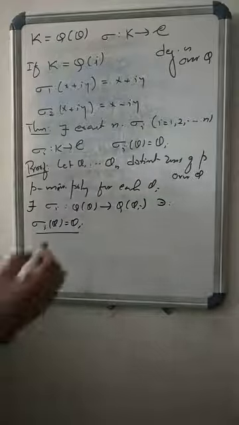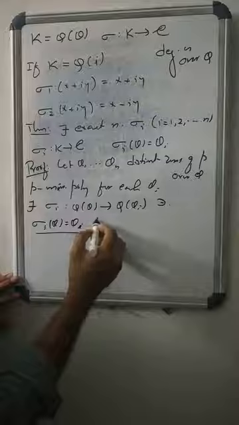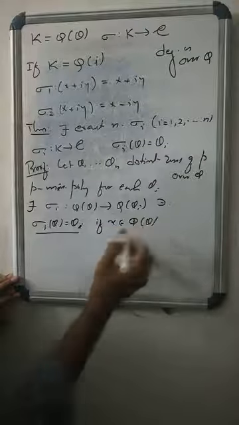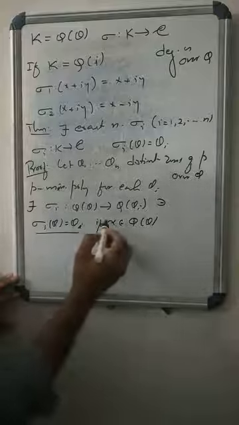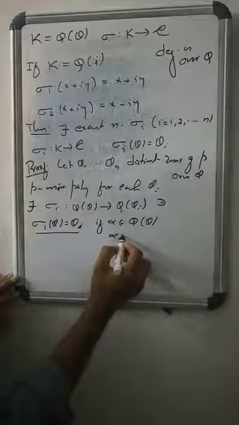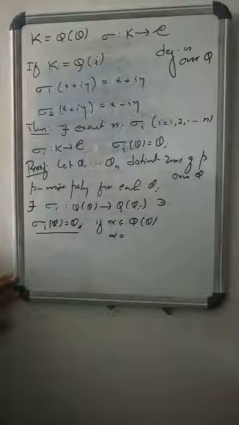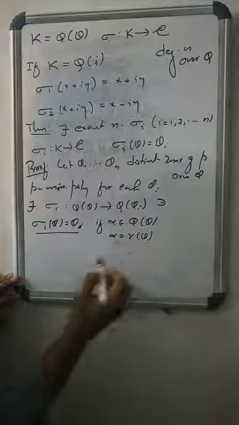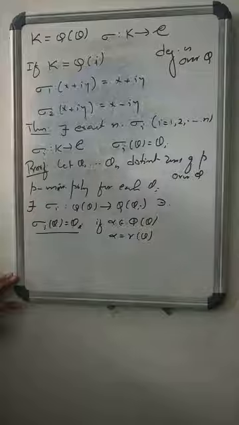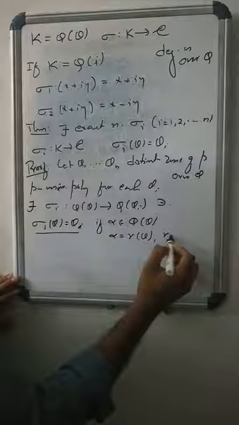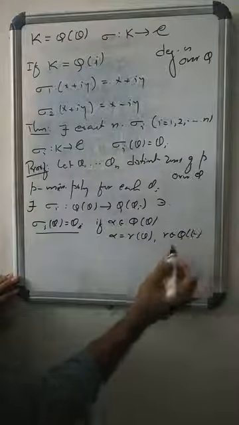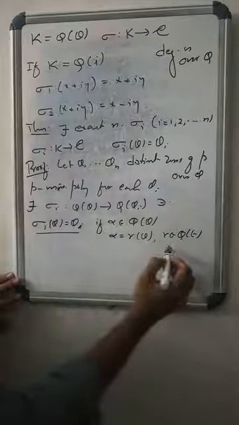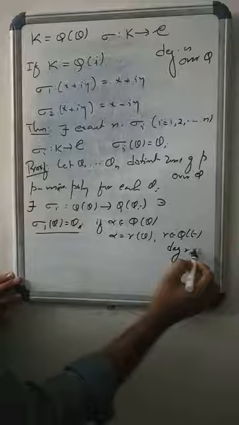Okay. So if alpha falls in Q(theta), then this alpha can be rewritten as alpha equals r of theta, where r falls in Q[t], meaning r is a rational polynomial with degree of r strictly less than n.